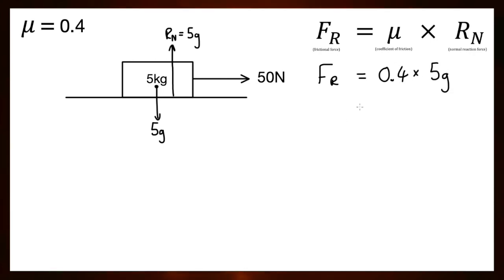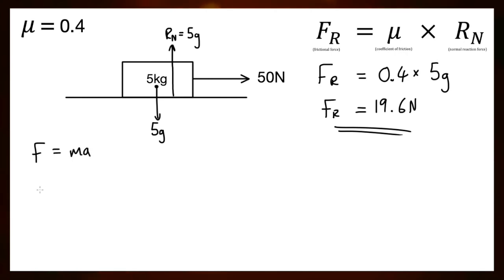If I work this through, I get a value of 19.6 newtons. Now this is the maximum frictional force that can occur in this situation. So this block being 5 kilograms and having a coefficient of friction of 0.4 has a maximum friction of 19.6.